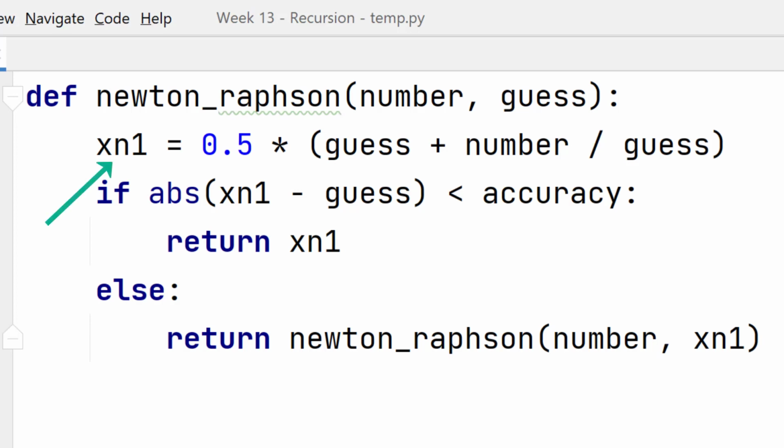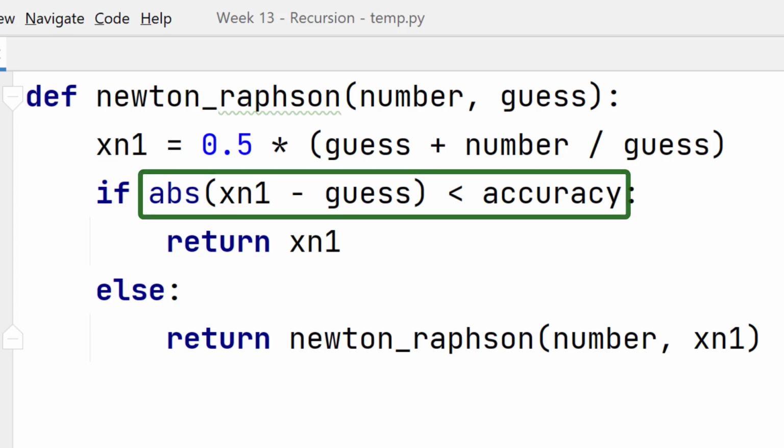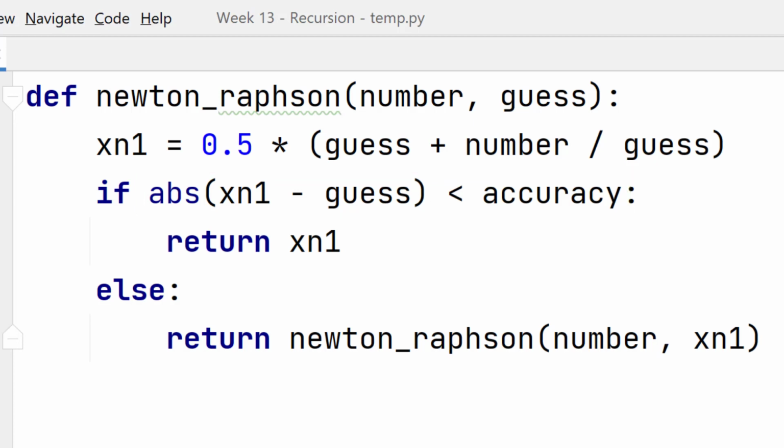So here I'm saying that my next guess, xn plus 1, is equal to whatever comes out of this function. I then want to know whether the difference between my original guess and this new guess is less than the accuracy I've set. If it is less than the accuracy, then I can return my latest version of the guess.